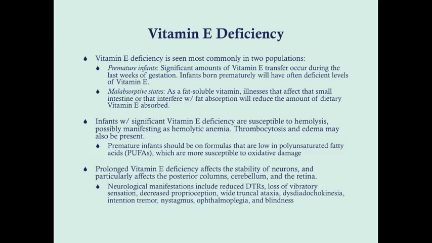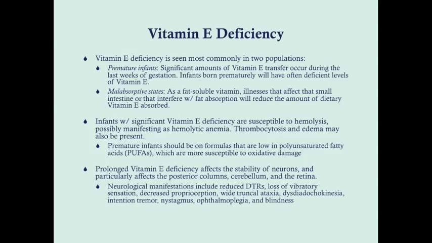So when we look at the premature infants who have vitamin E deficiency, the one thing that we primarily see with them is hemolysis that develops not right away after birth, because a lot of their blood cells have developed in the setting of the mother getting vitamin E. But the problem is once the vitamin E stores that they have are exhausted, then they're not going to be able to incorporate vitamin E into their red blood cells.